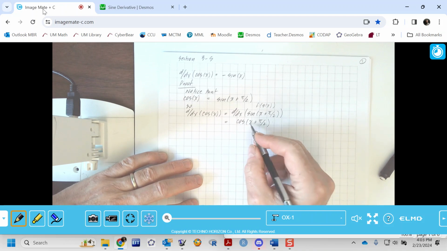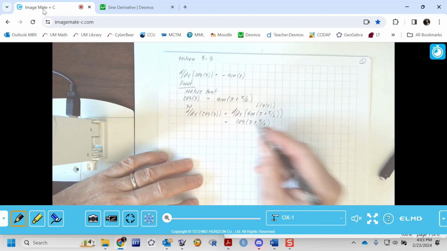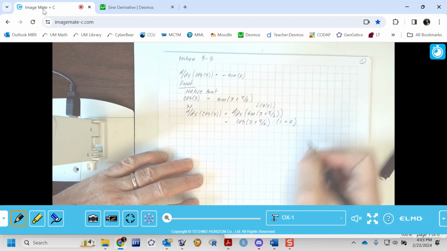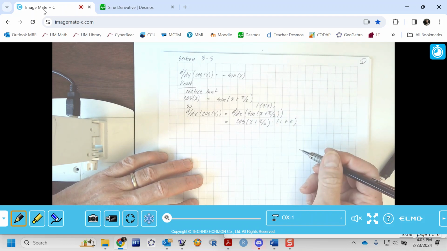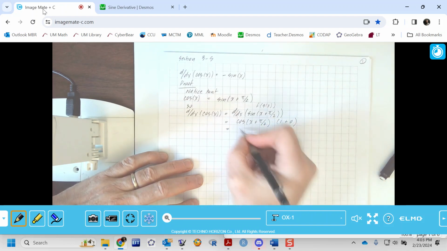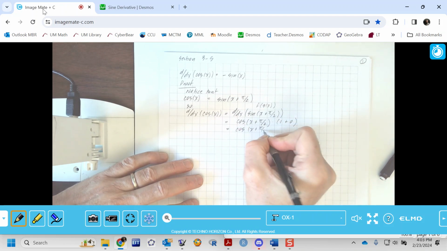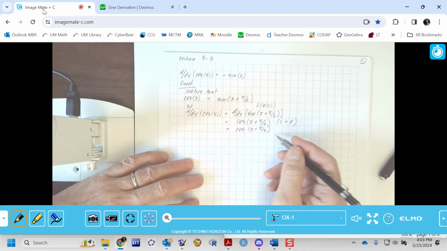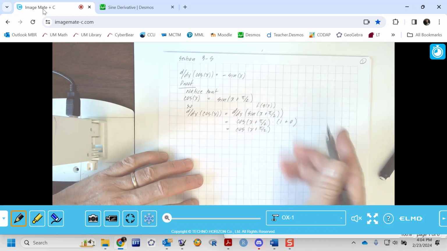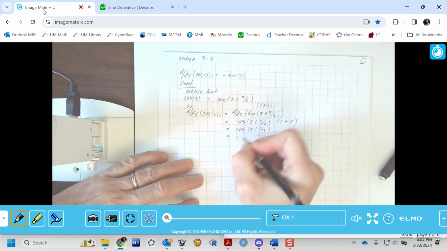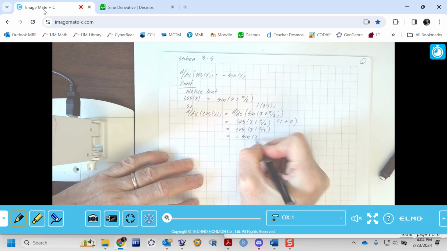When I take the derivative of x plus pi over 2, well, the derivative of x is 1. The derivative of pi over 2 is 0, so we get just 1 plus 0, which means that the derivative of the cosine is actually the cosine of x plus pi over 2. And if you think about it, when you shift the cosine pi over 2, what you end up getting is the negative of sine of x.